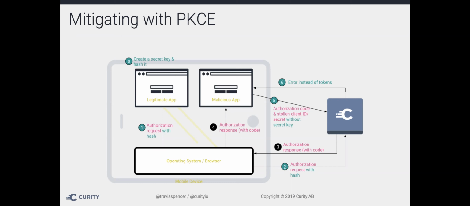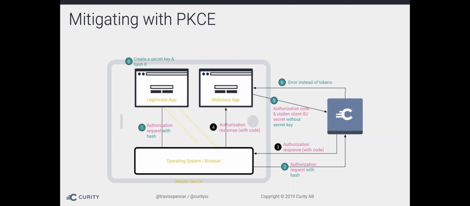It's just some random bytes really. You hash it and say, like in step 1, okay, here is the hashed result, and I hashed it with an algorithm like SHA-256. That will be sent in the authorization request in step 2, and then Curity will store that hash and the hashing algorithm and associate it with the authorization code that's sent back in step 3.